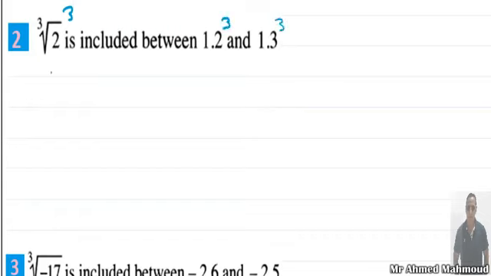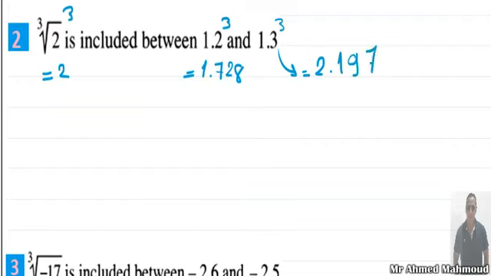Cubic root 2 to the power of 3 equals 2, and 1.2 to the power of 3 equals 1.728, and 1.3 to the power of 3 equals 2.197.